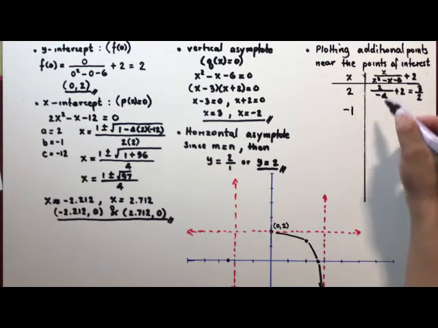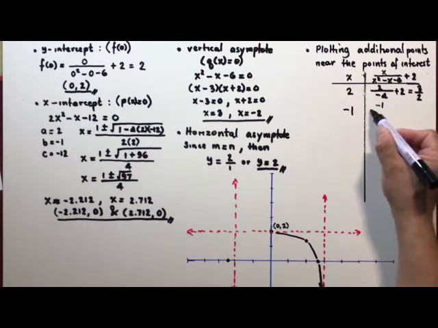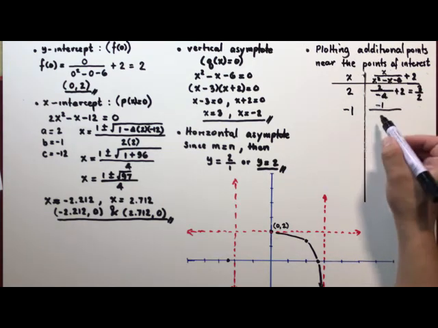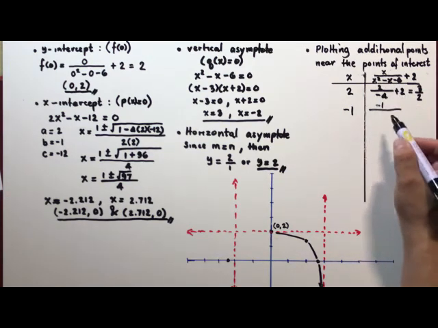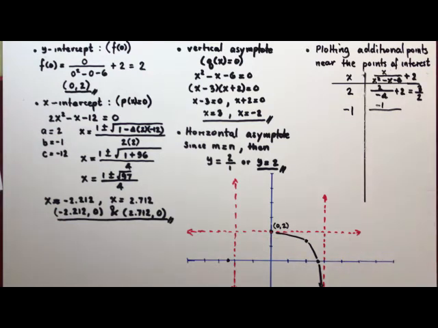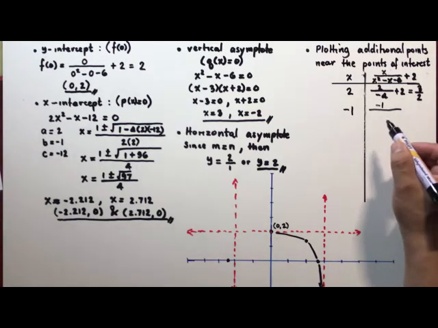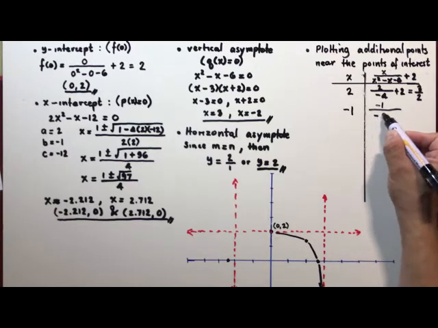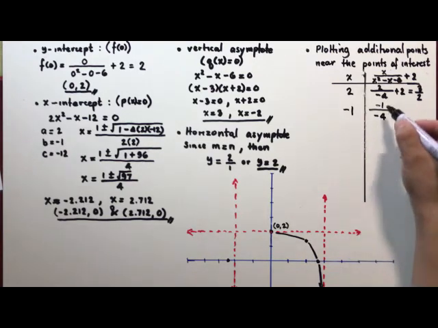Substituting into the numerator, negative 1 over negative 1 squared, which is 1, minus the negative 1, so that is plus 1. So 1 plus 1 equals 2, and 2 minus 6 equals negative 4. Negative divided by negative is positive, so this is positive 1/4 here.